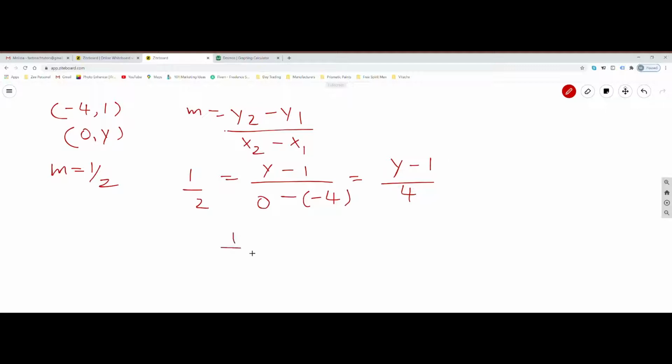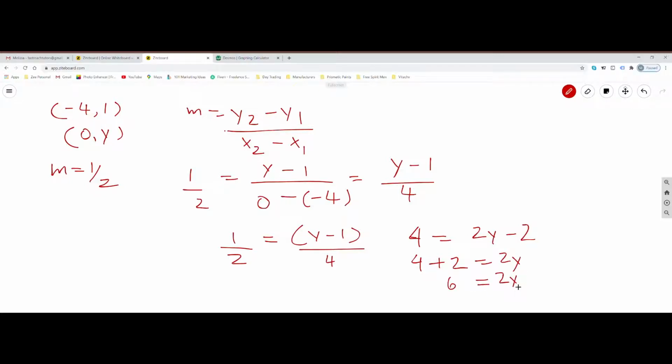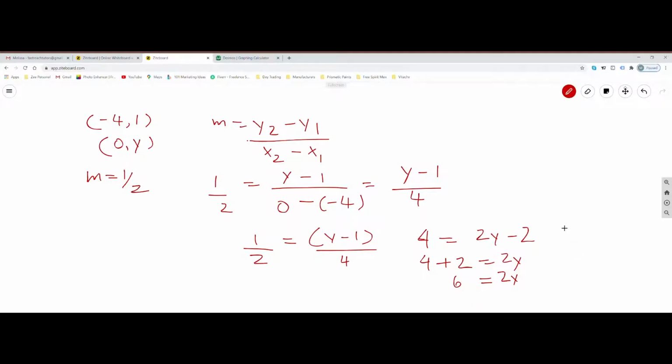So you have the equation 1 over 2 is equal to y minus 1 over 4. So now we can figure out what y is. So you do 4, because you're multiplying this and this, and then multiplying this by this. So you get 2y minus 2. So 4 plus 2 equals 2y. 6 equals 2y. Y equals 3.